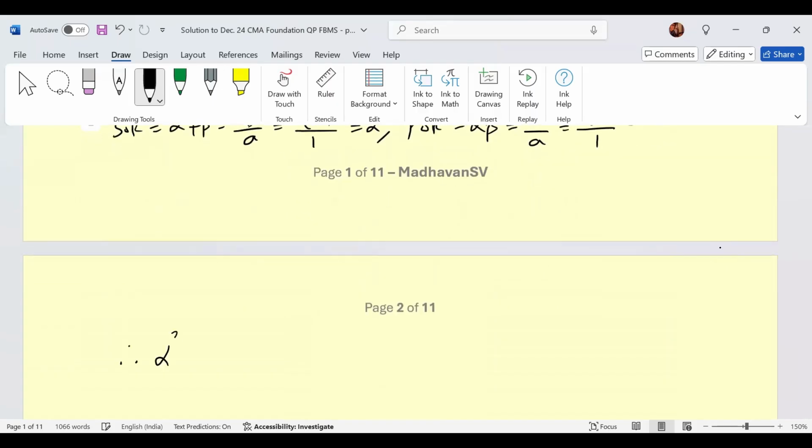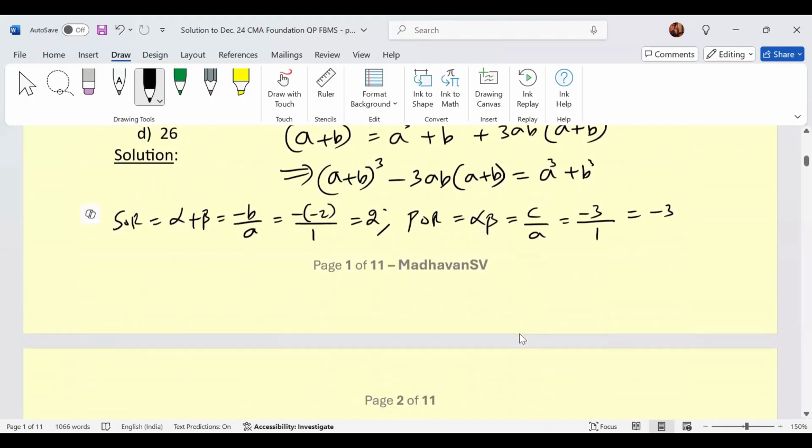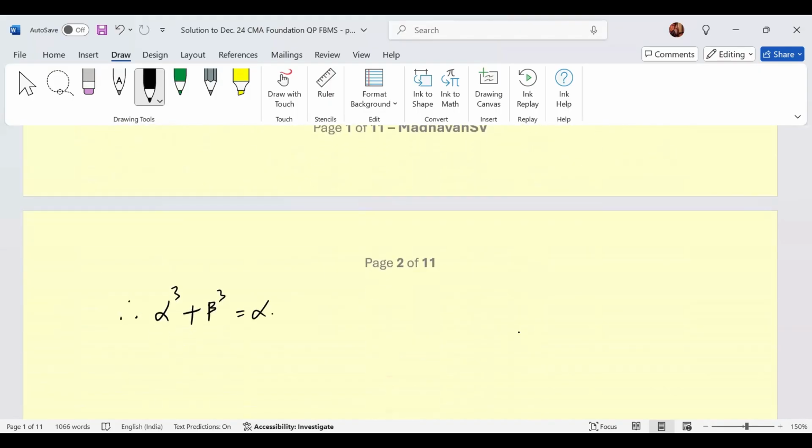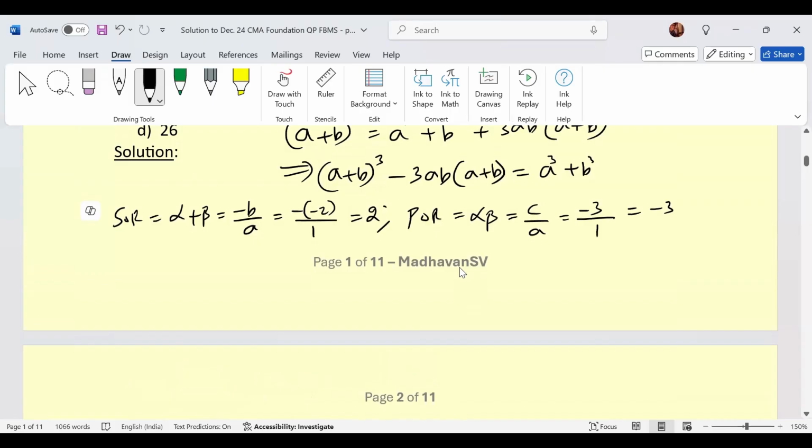Therefore, alpha cube plus beta cube will be alpha plus beta the whole cube minus 3 alpha beta times alpha plus beta. Substitute the values. Alpha plus beta is known to be 2.